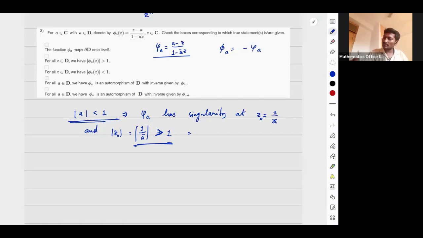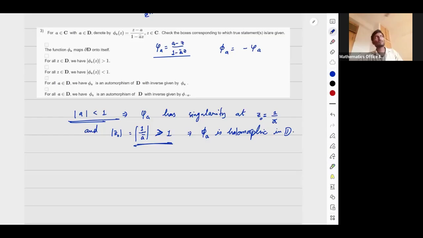This implies phi A is holomorphic in D. Once it is holomorphic, it is an open map, right? So an open map sends interior points to interior points. So what happens to the boundary?